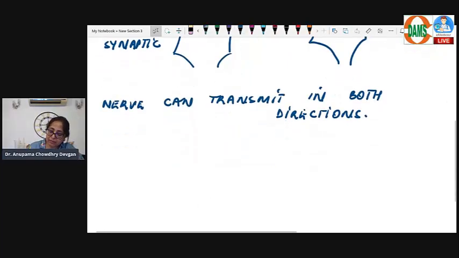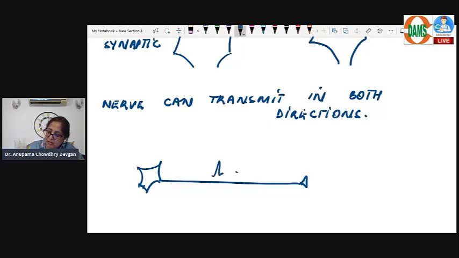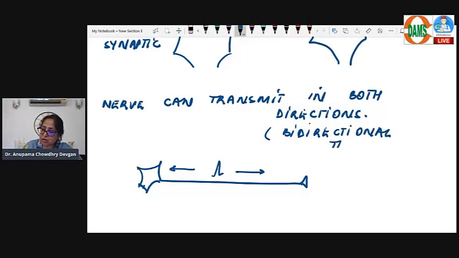That means if I look at this nerve fiber here, if I give a stimulus here, an action potential generated here can travel in both directions. There is a bidirectional transmission which is seen in nerve fibers. Yes, it can travel in both directions.